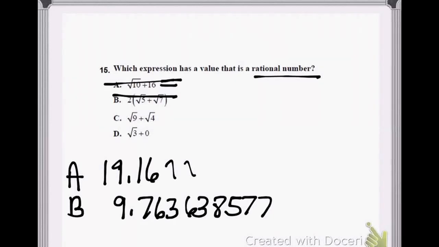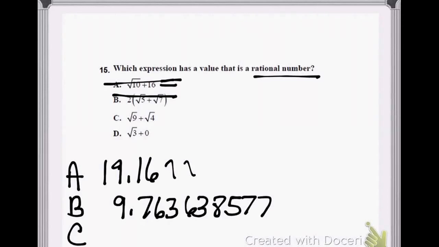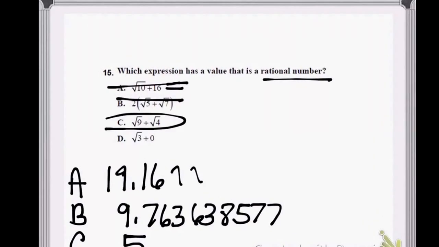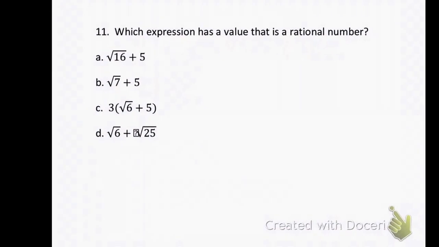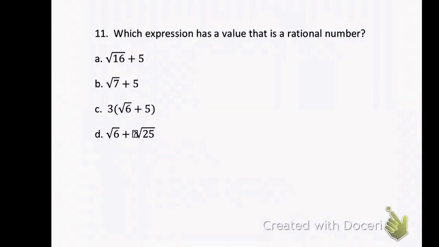So that's irrational. C, the square root of 9 plus 4 equals, put that in your calculator, 5. There's my rational number. It's a whole number. Which expression has the value that is a rational number? You need to do the same thing.